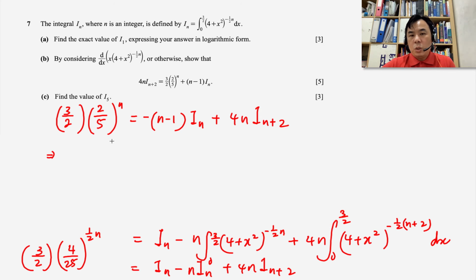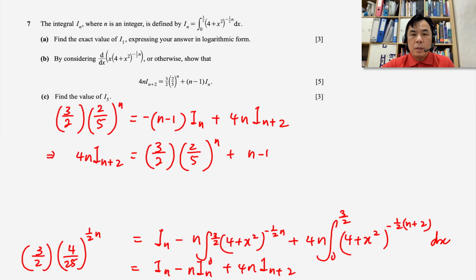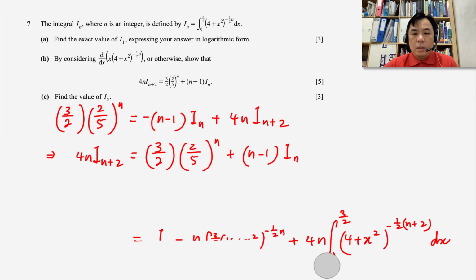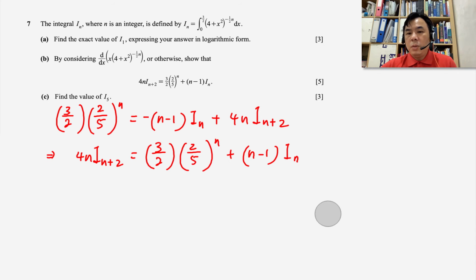Therefore, if I switch it over, it will have plus 2 must be the same as 3 over 2 here, 2 over 5, I_n plus n minus 1 I_n. And then there you have it. That is the proof for section B there. I'm going to pause here for a while. You can check out the solution. Hopefully you're okay with this. We're going to move on to C shortly.